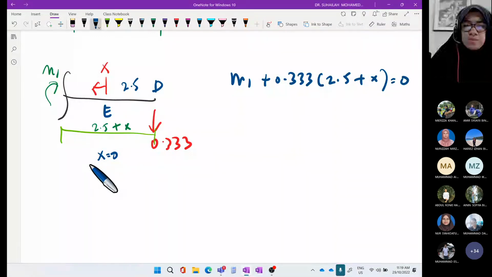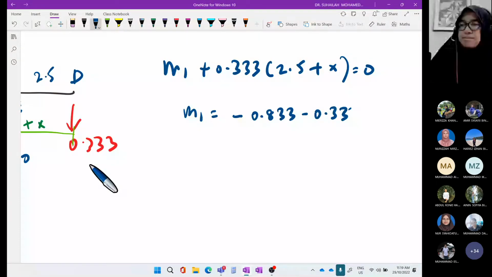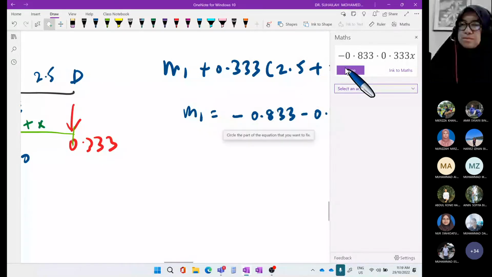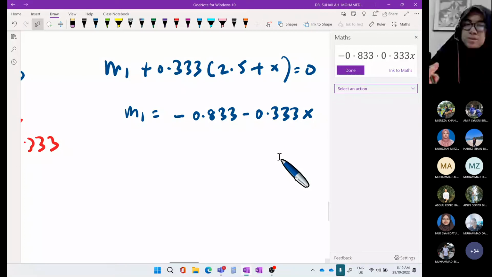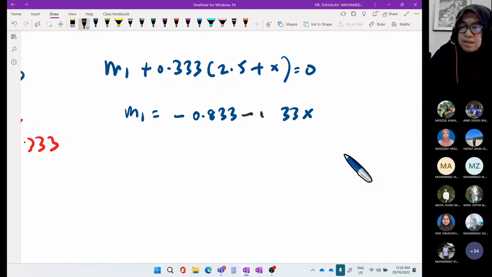So M1 equal to, what do you get? 0.333 times 2.5? 0.833. 0.833 minus 0.333x.